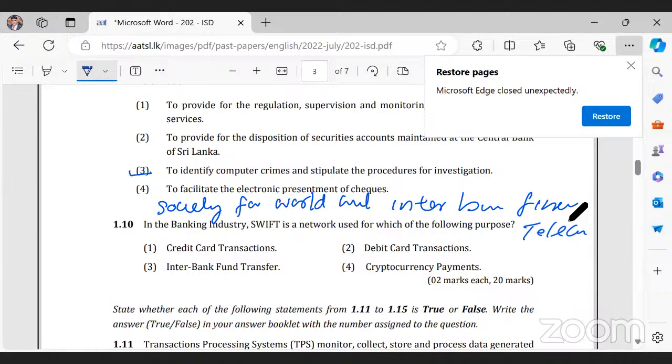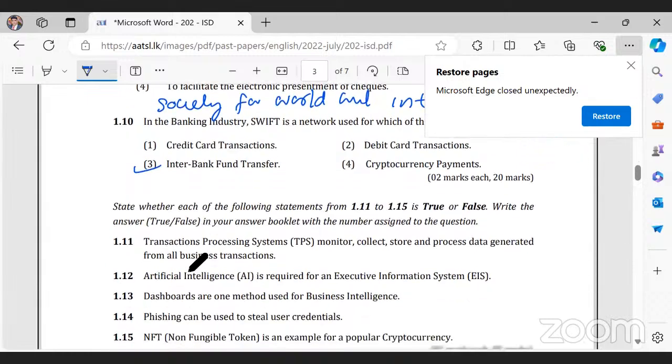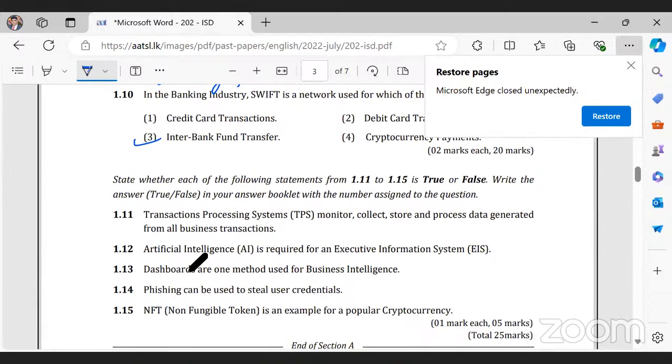That's why you can deposit money in one bank and withdraw from another bank's ATM, because of these SWIFT standards. Interbank fund transfer is the main purpose of this. As an example, you can withdraw money from another bank such as Commercial Bank.